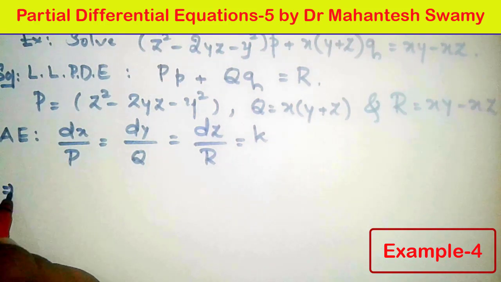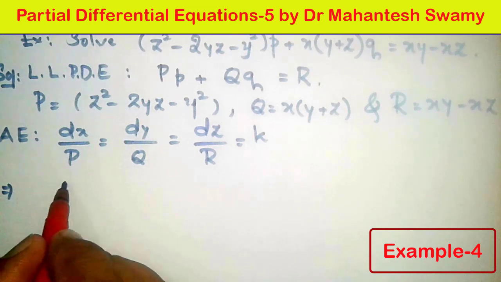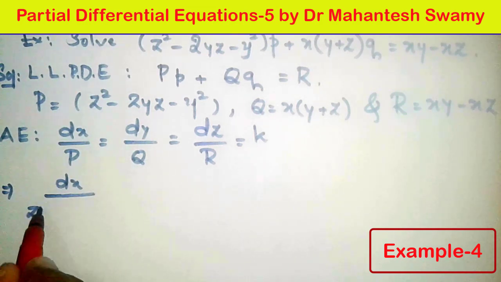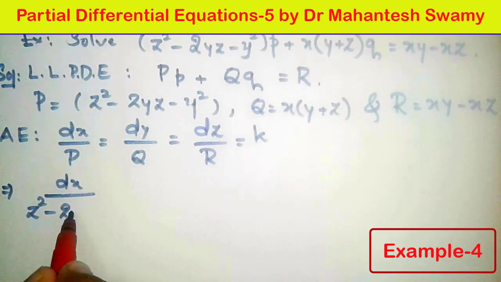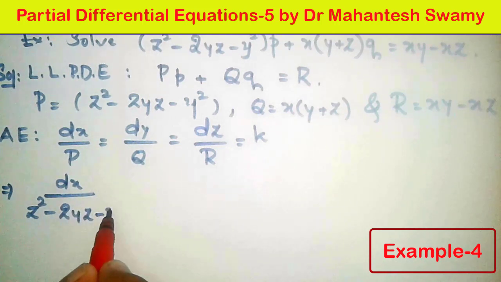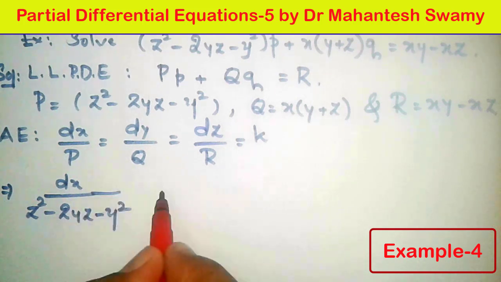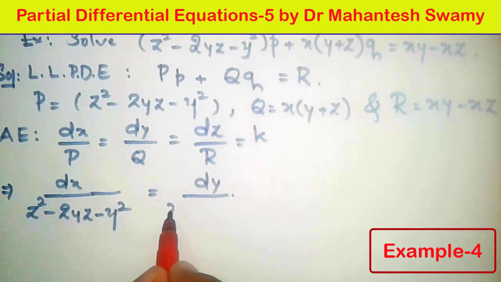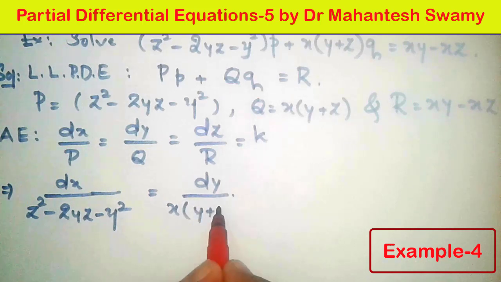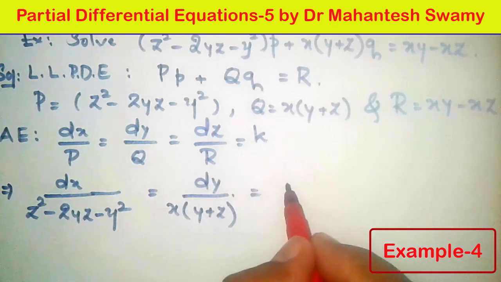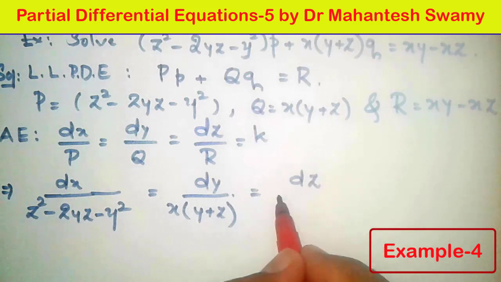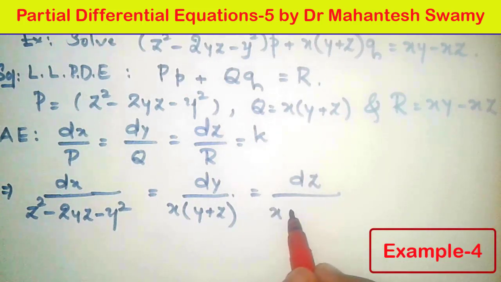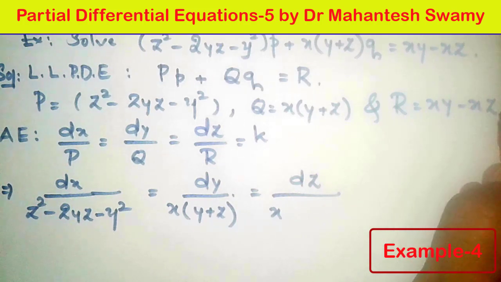Now when we substitute the values of capital P, capital Q, capital R, it is dx divided by z square minus 2yz minus y square, the first member, equals dy divided by x into bracket y plus z, the second member, equals dz divided by the value of R, that is xy minus xz.